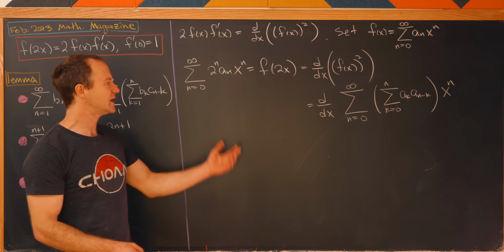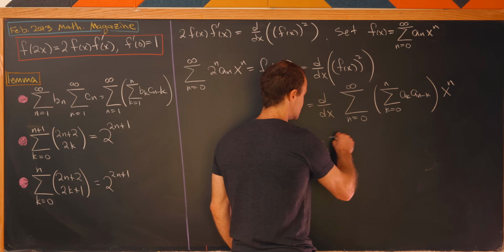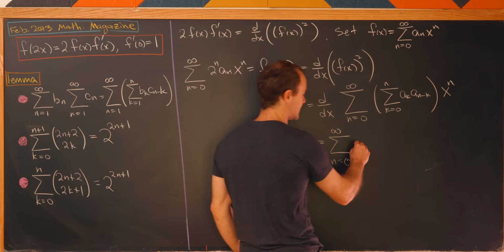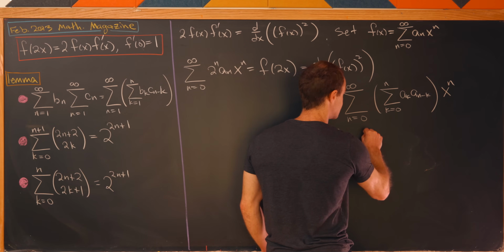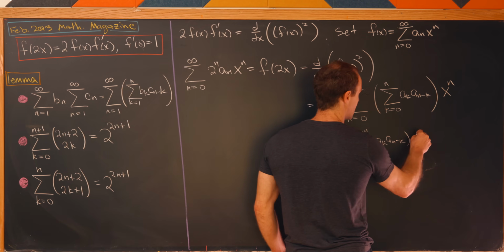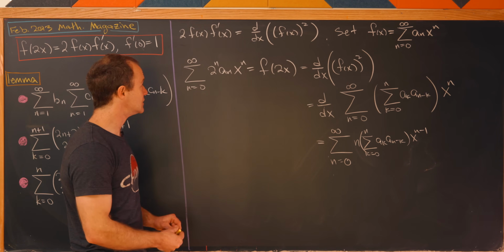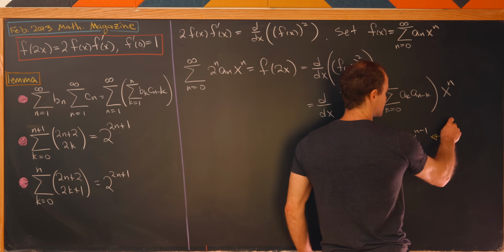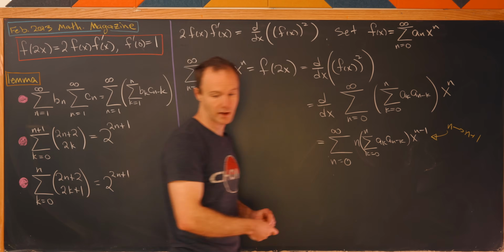Okay, but now we can take this derivative essentially just using the power rule. So that'll give us the sum as n goes from 0 up to infinity of n times the sum as k goes from 0 to n of a k a n minus k, and that's all multiplied by x to the n minus 1. But what we'd like to do in order to compare these two easily is re-index. So let's re-index here by sending n to n plus 1.